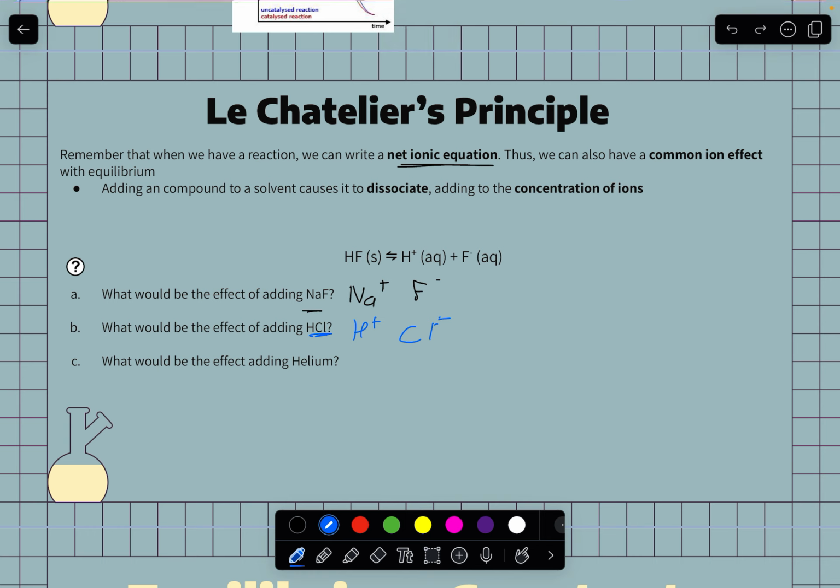And then C is, what is the effect of adding helium? Well, helium is a noble gas, so there's no change, no effect. Anytime we're dissociating our ions, we call that the common ion effect with equilibrium.